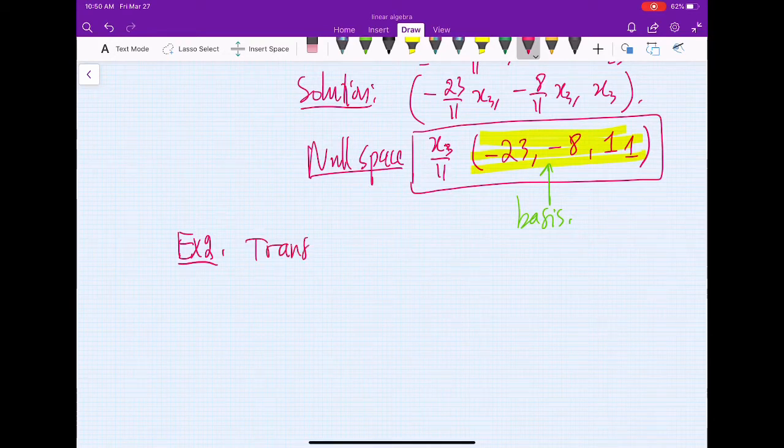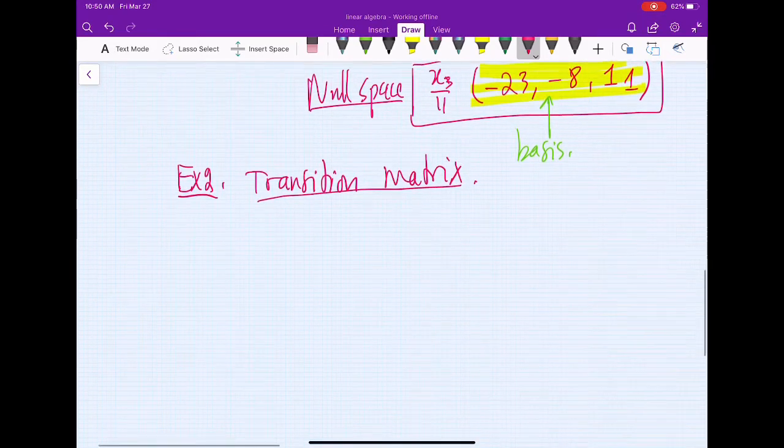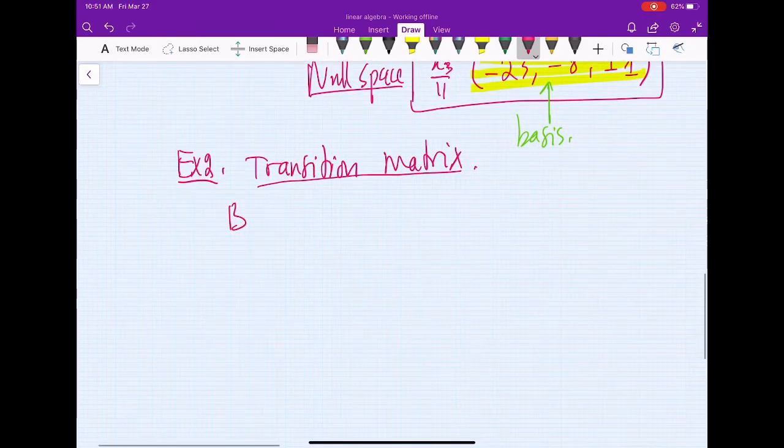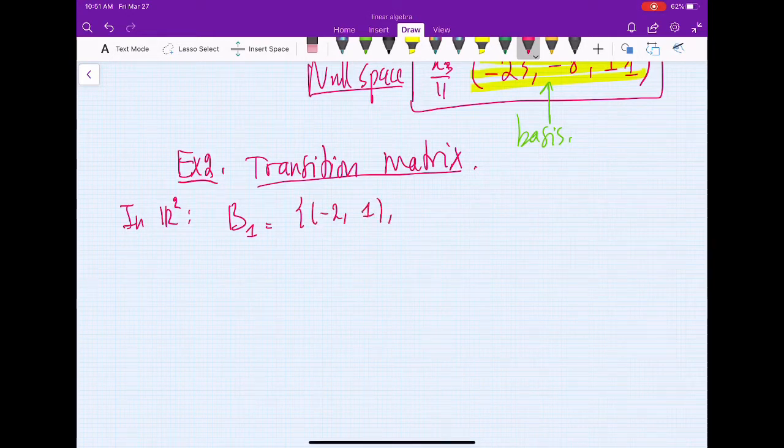Let's consider the second example: transition matrix. You have one basis of R2, let's say in R2. You have B1, which is (negative 2, 1) and (1, negative 1), and B2 is (0, 2) and (1, 1).